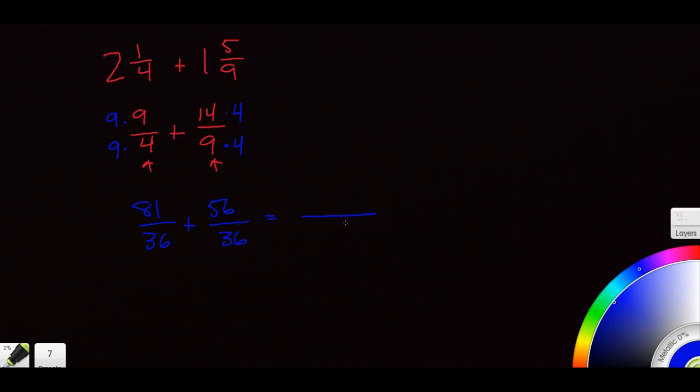Now they have a common denominator of 36. So in the numerator, I'm just going to do 81 plus 56, and we would get 137 over 36. Okay? So you should probably consider changing your mixed numbers into improper fractions.